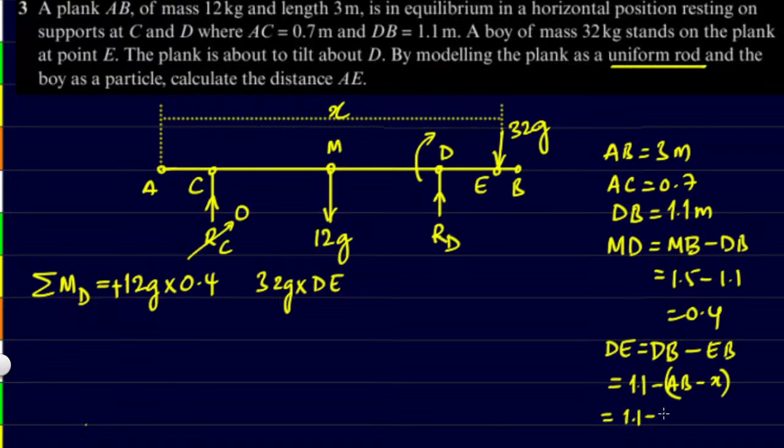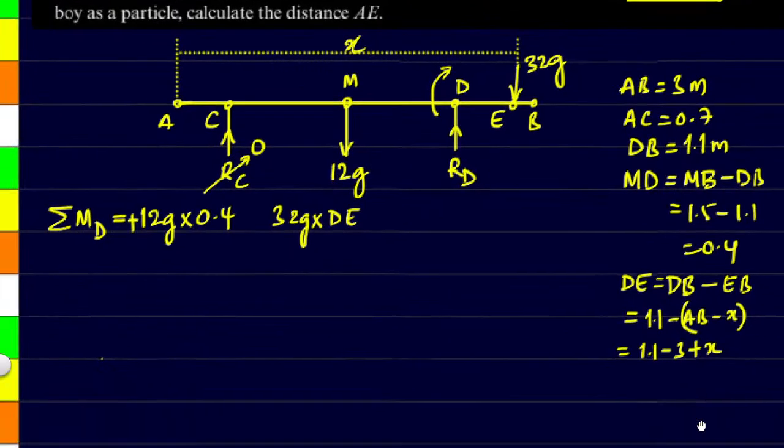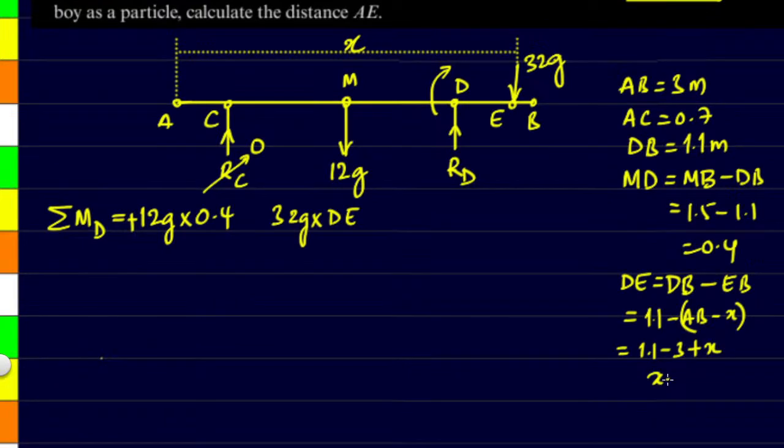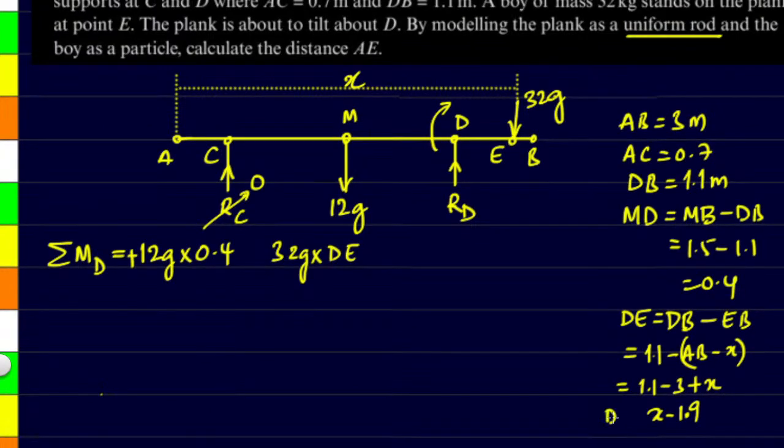So 1.1 minus, AB length is 3, and if you open the brackets, this becomes plus X. So X minus 1.9, no? Yes. So this is the value of DE, and this one will go in this direction, that means clockwise, minus. So total should be equal to 0.